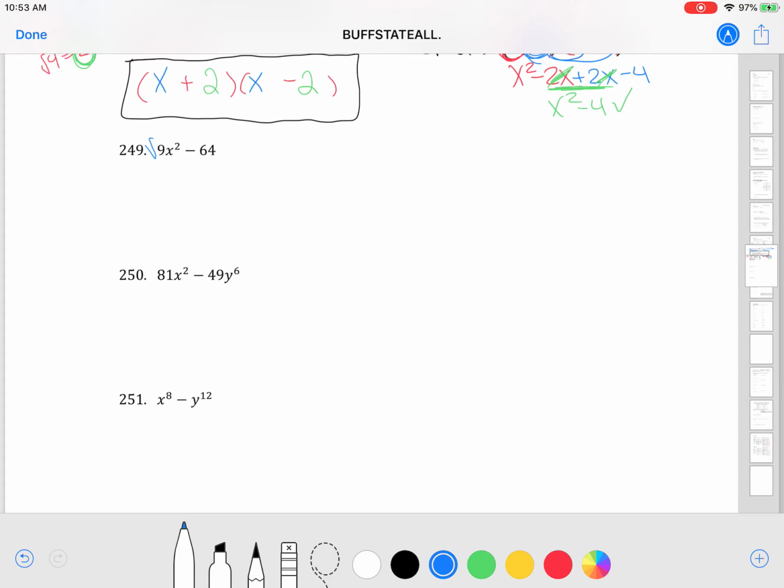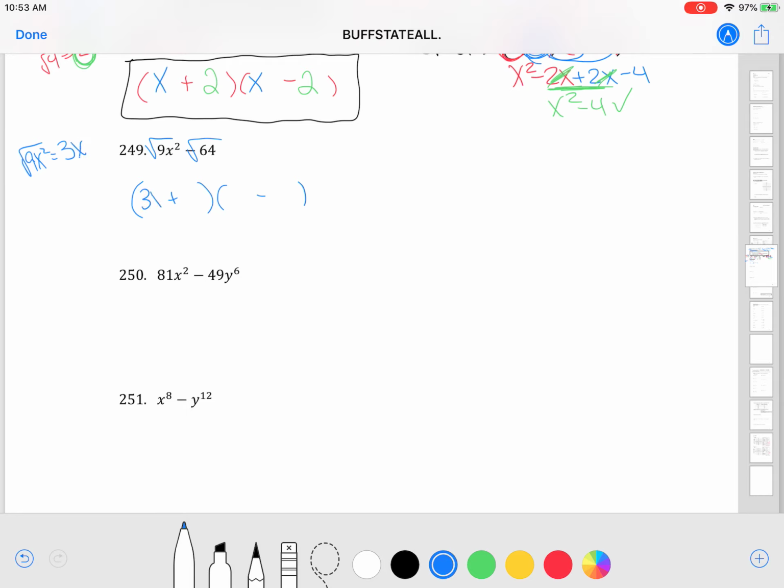All right, so I know I have to do Dopp's for this one, so I'm going to start my Dopp's method and get my setup going. Remember, 2 sets of parentheses, one with a plus and one with a minus. The square root of 9x squared: take it piece by piece. The square root of 9 is asking what times itself gets you 9. That's 3. And the x squared is asking what times itself gets you x squared.